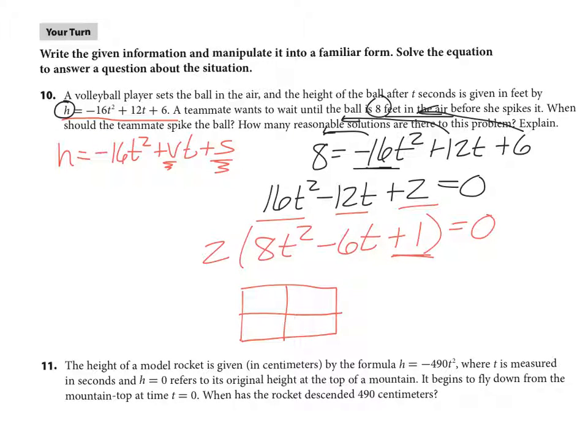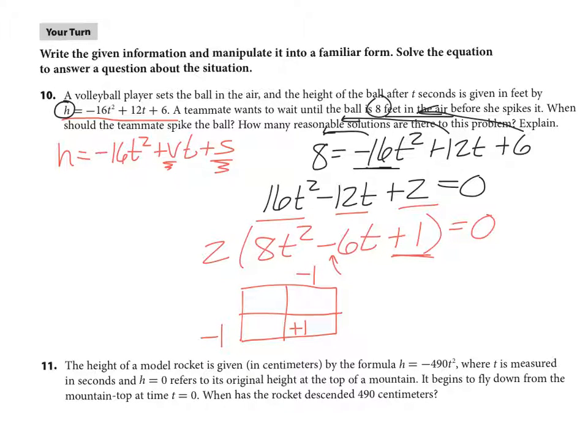And what I know, how do I get 1? Well, that's 1 times 1. And that gives me a positive 1. Now, should it be minus or should it be plus? Well, in this case, I know it should be a minus. How do I know they should be negative 1? Because my middle term's negative.